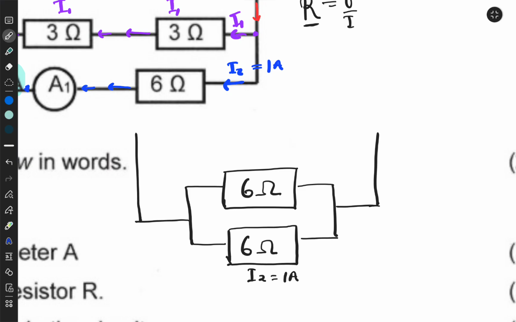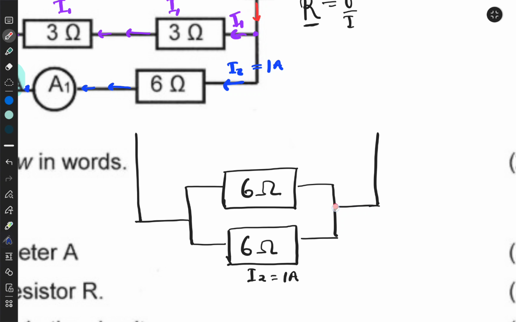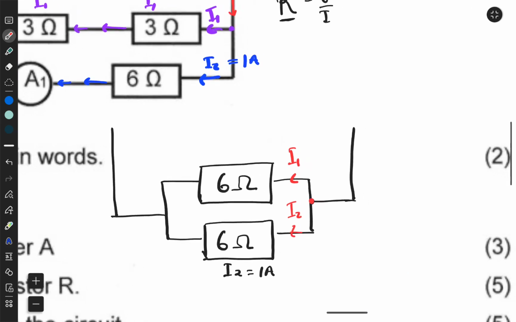The current will divide equally. So when current arrived here and started dividing into I1 and I2, since these are equal, it divides equally. You get I1 and I2 being the same, so you get 1 amp here as well, and they meet again here and add up to form the total current.